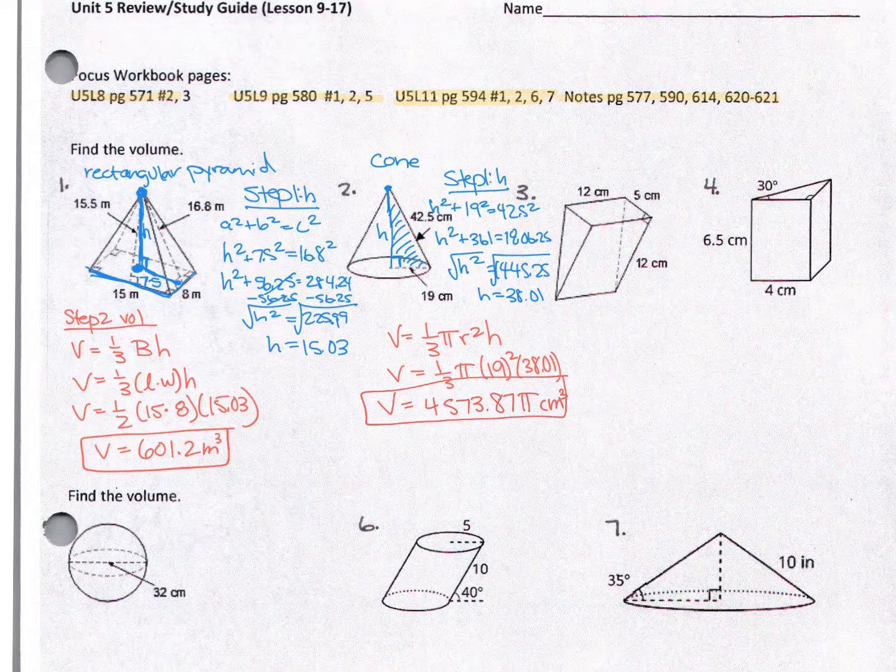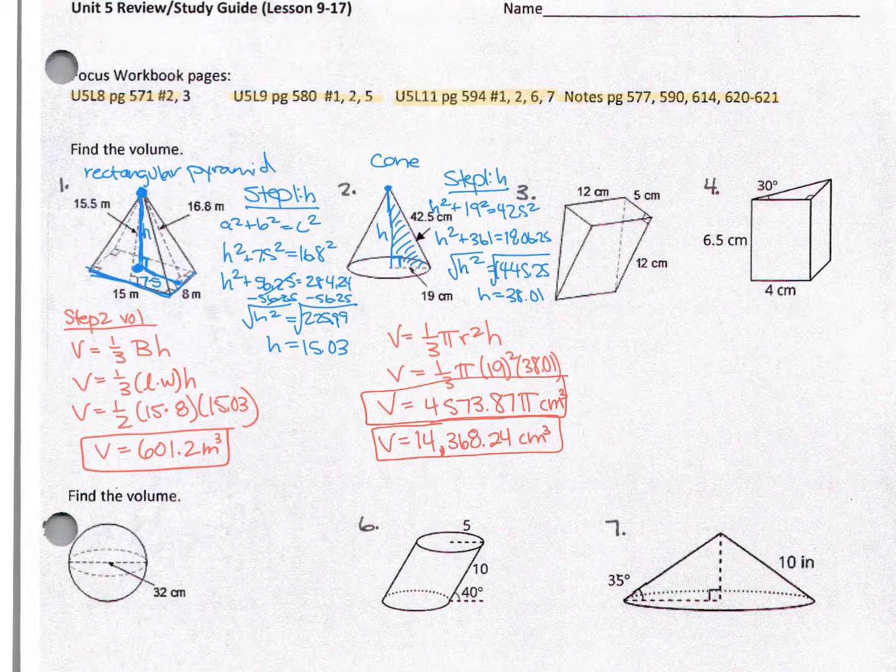If you'd like to multiply by pi as well, then you get something more like 14,368.24 centimeters cubed. Remember, multiplying by 1/3 is the same thing as dividing by 3, and that's a very simple way to put it into your calculators.